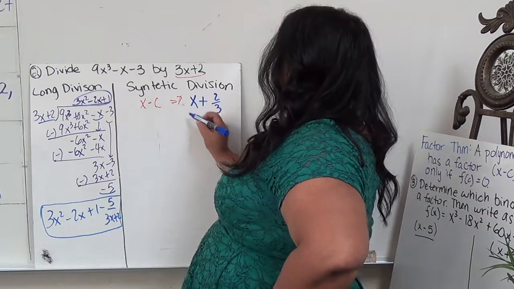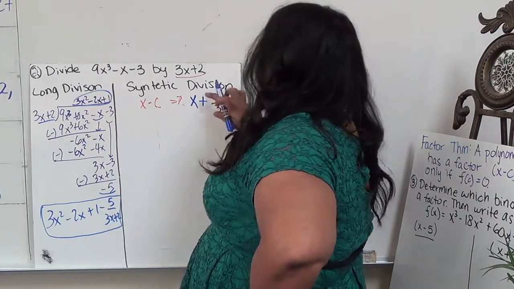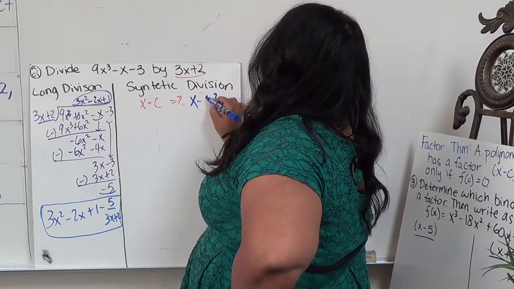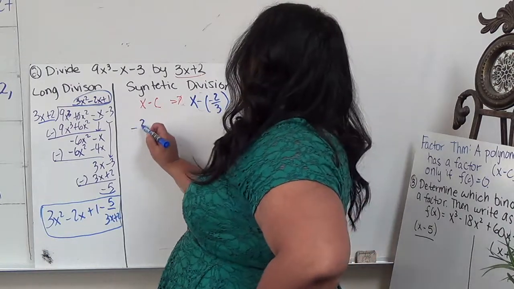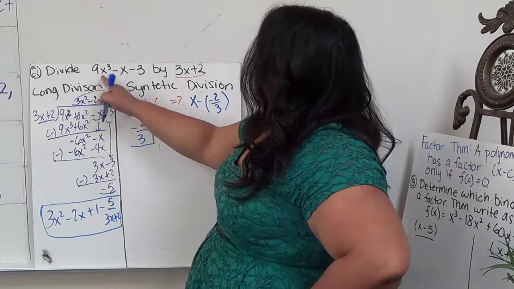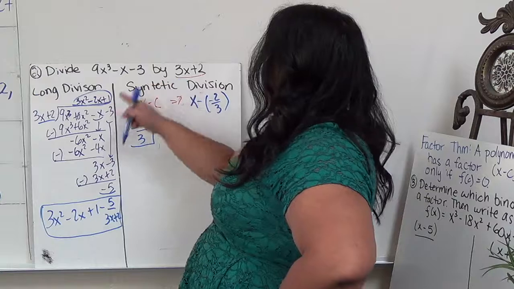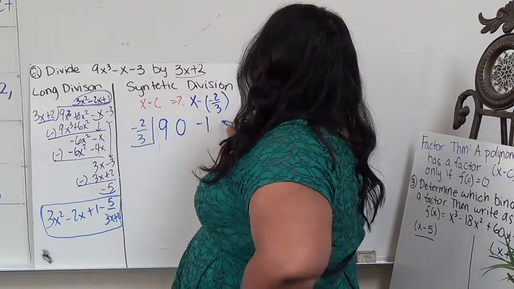I can rewrite this as x minus negative 2/3. So my c is negative 2/3, and this goes in here. And then I take every coefficient: 9, then a placeholder 0 because I don't have an x squared, negative 1, and negative 3.